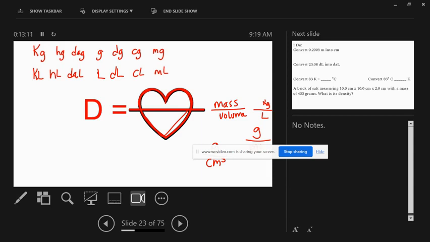And this would measure volume. So this measures mass, this measures volume. I want to do it for length, and I'm just going to change the L to an M. So this would be a meter, this would be a kilometer, hectometer, decameter.